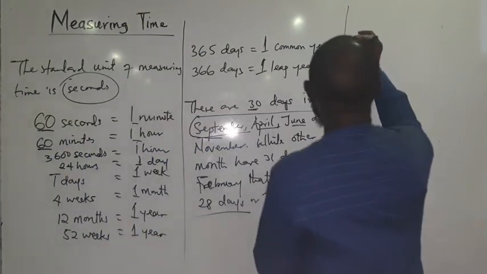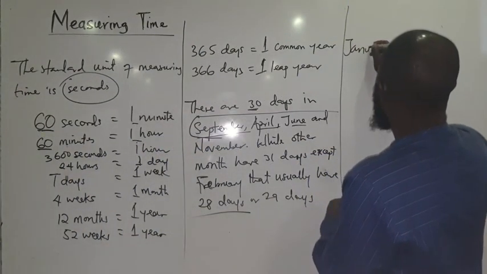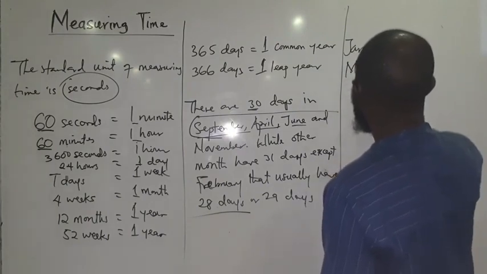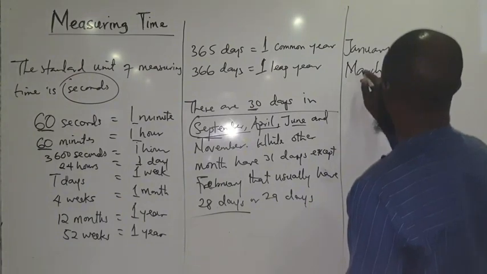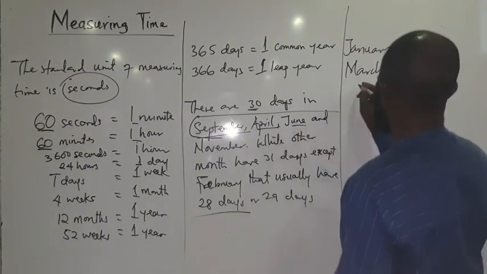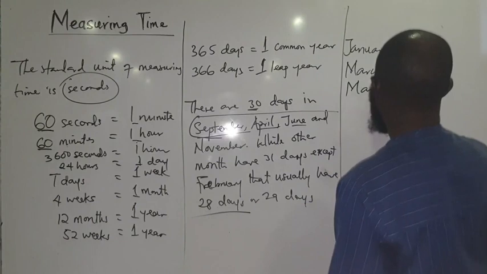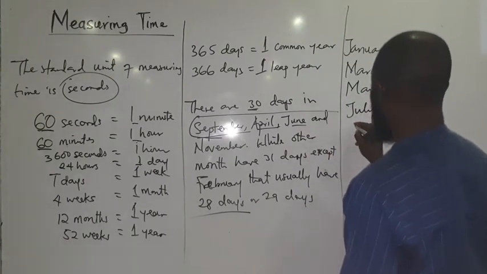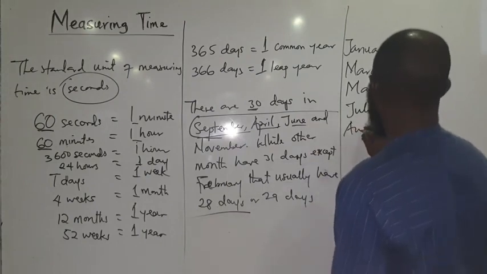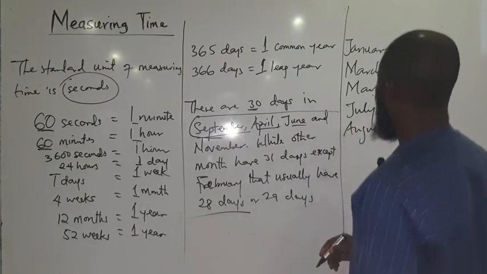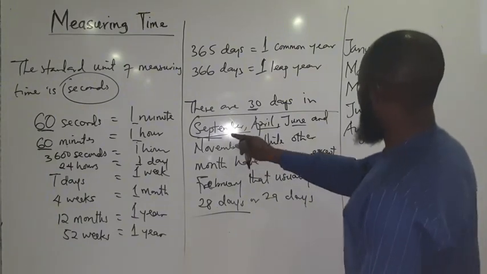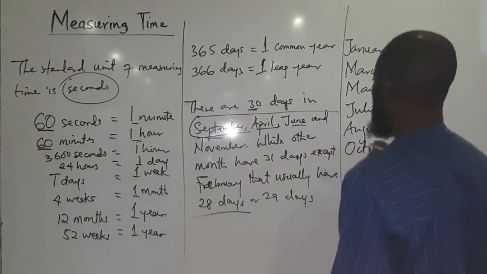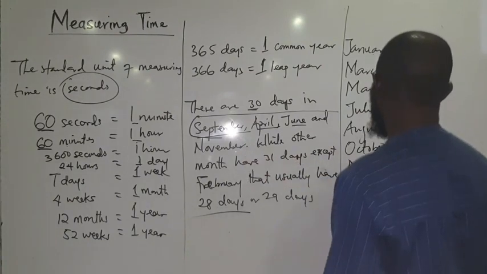So let's read them out: January, March, May, July, August, then October, December. April and June are gone, September and November are gone.